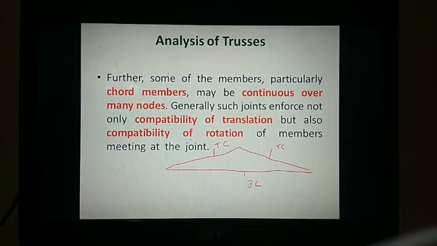The sections used for roof trusses are almost unsymmetrical about both axes, like angle sections and C sections. When the section is unsymmetrical about one axis or two axes, there is a possibility of twisting in the member. This should be controlled by providing the load not through the center of gravity but through the shear center. That is how you can control the twisting or rotation of the member.